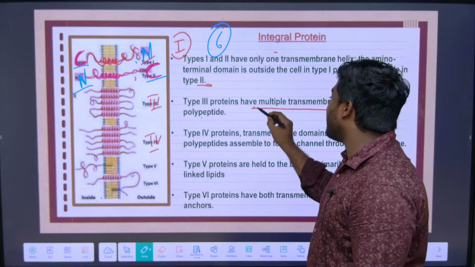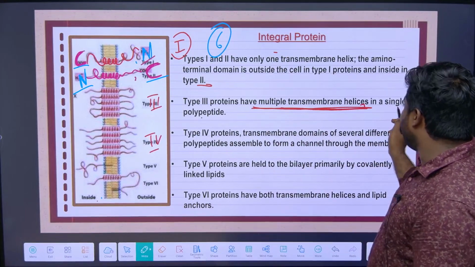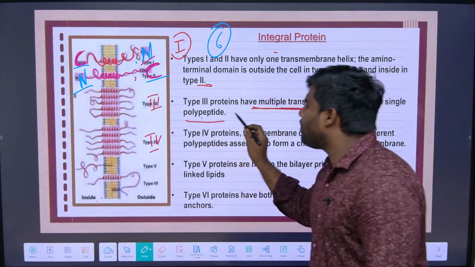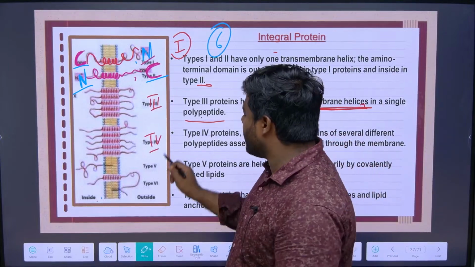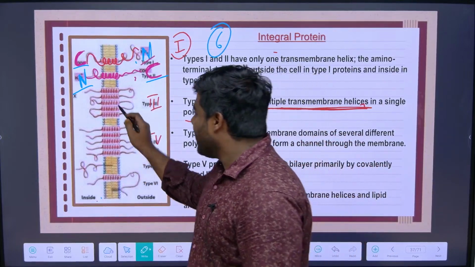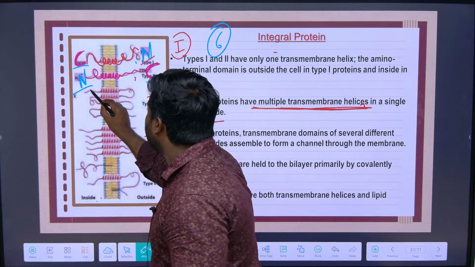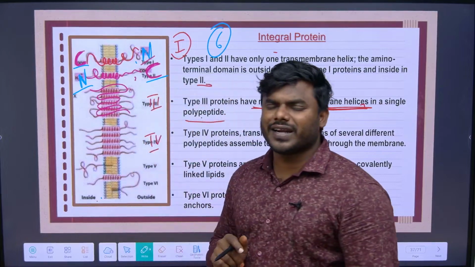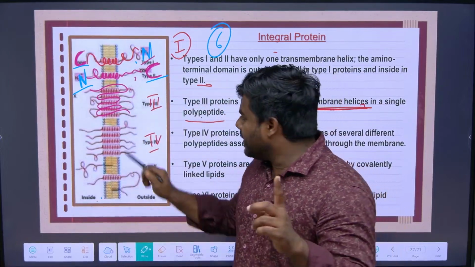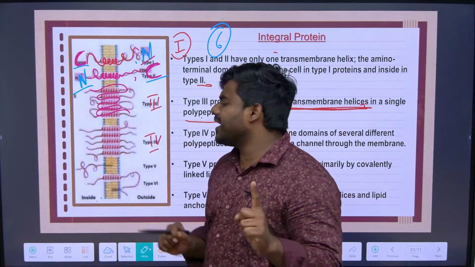Type 3 proteins have multiple transmembrane helices in a single polypeptide. What does it mean exactly? Every student please look into the picture correctly. If you observe the type 3, it is only one protein, but it is transpanning multiple times. As an example, you can take a GPCR. Type 3 integral membrane protein, only one protein transpanning multiple times.